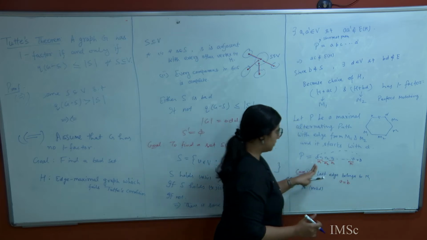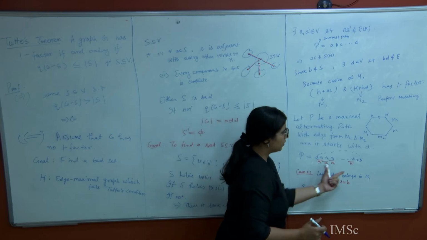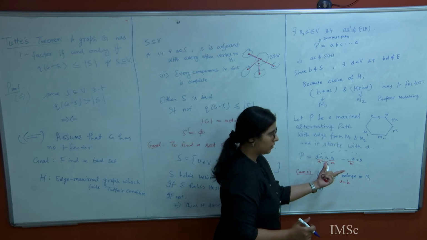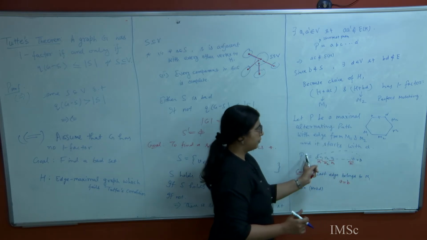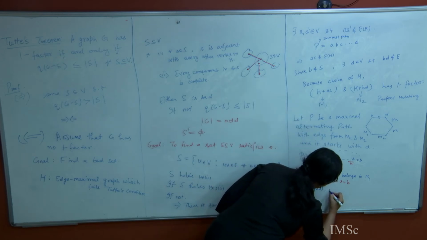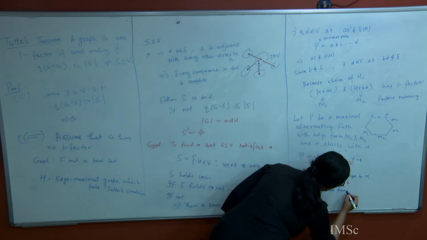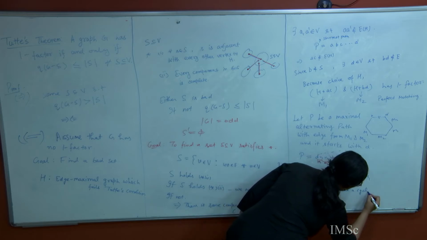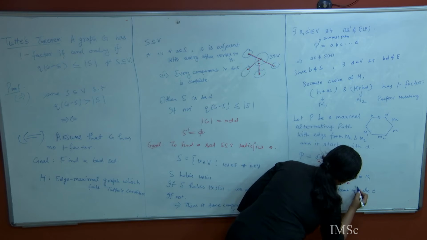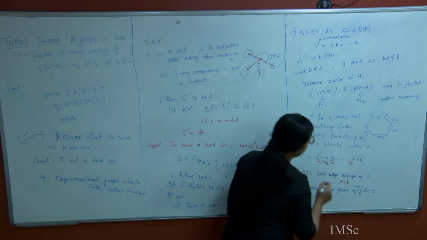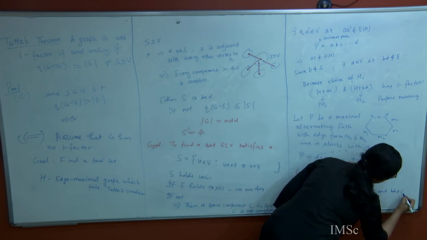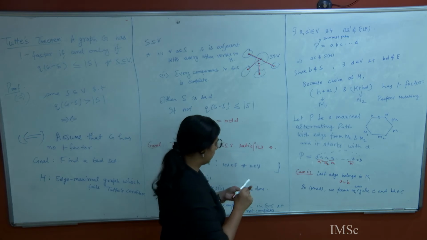This is B, this is D. What is the length of this path? The path is odd, but the cycle is even. So, in H plus BD we found a cycle C, in fact an even cycle C, and BD belongs to C. Okay, that is what we got.